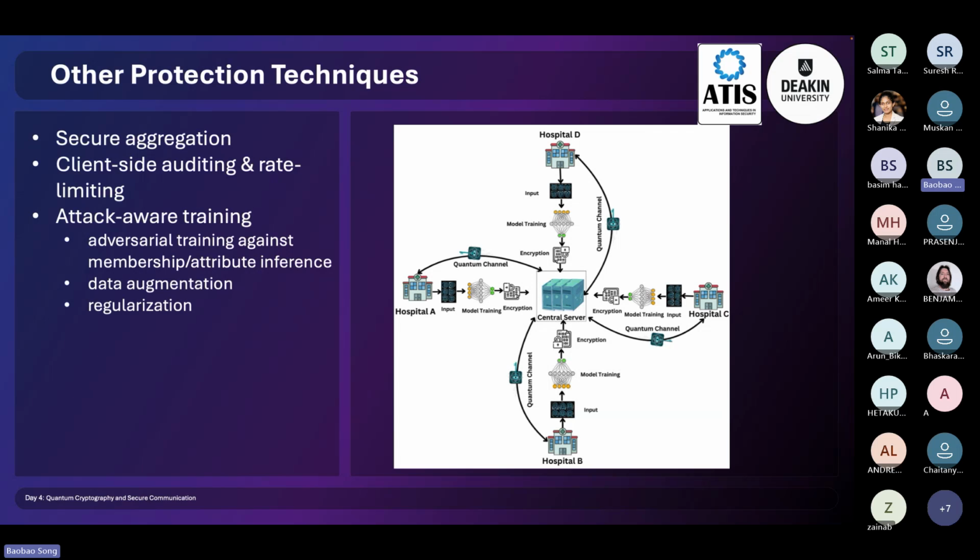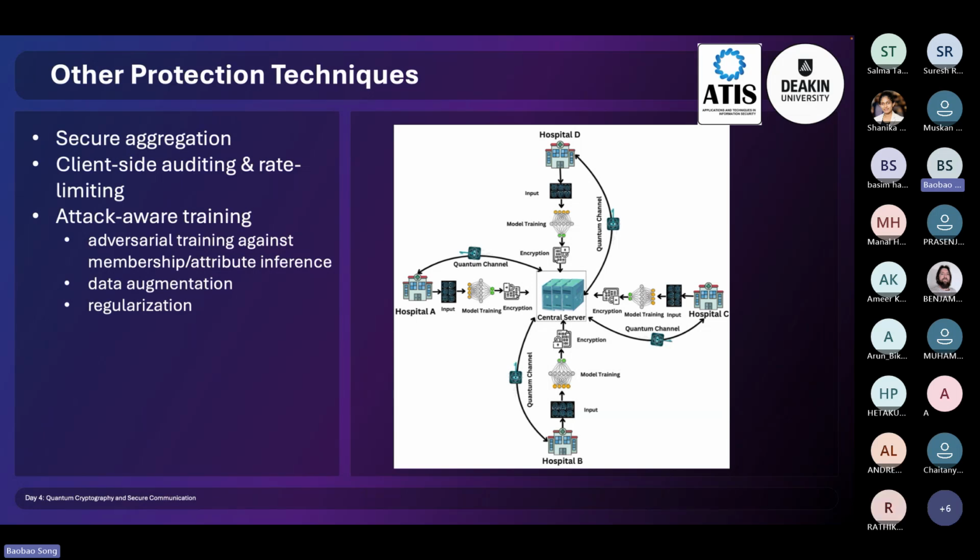And besides quantum differential privacy, there are also other tools to provide protection for quantum federated learning. The first is secure aggregation. The second: you know that the client may upload poor quality model parameters.